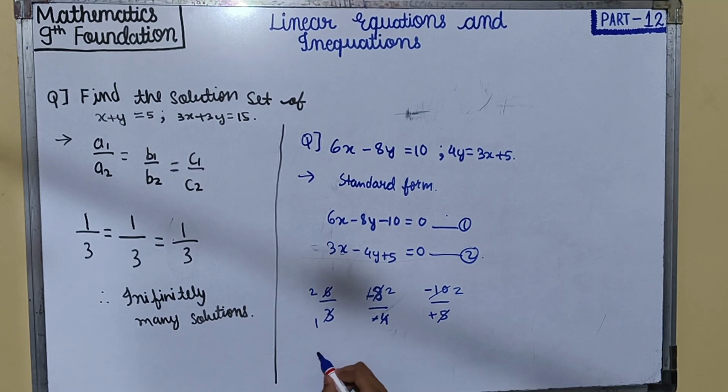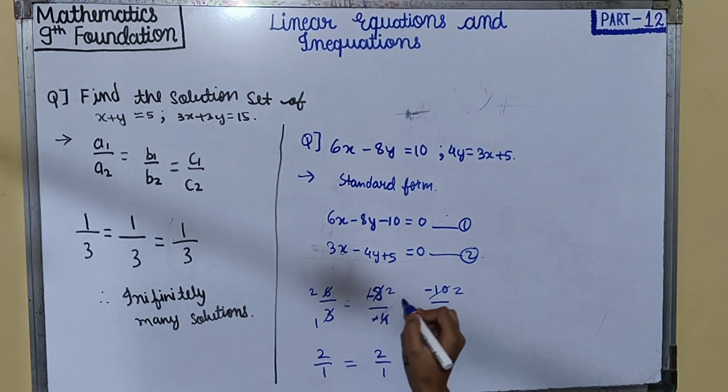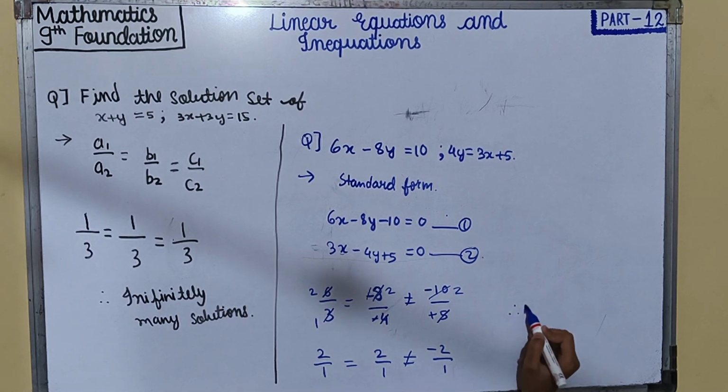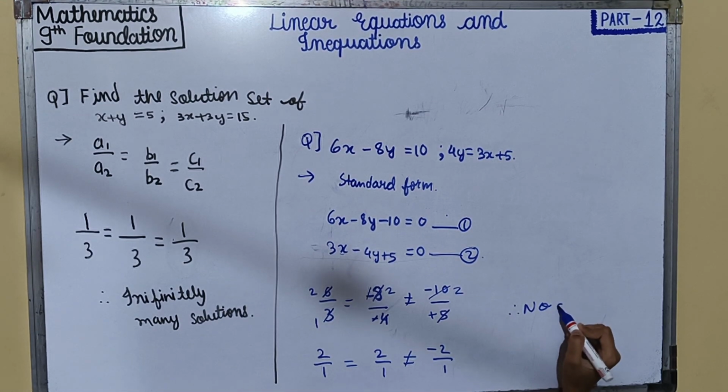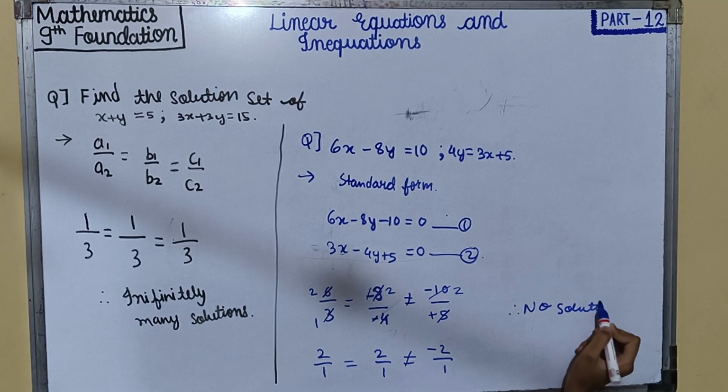So the first two ratios are equal, but the third is not equal to them. This means, according to the condition, this system of equations would have no solution. I hope you've understood till this.